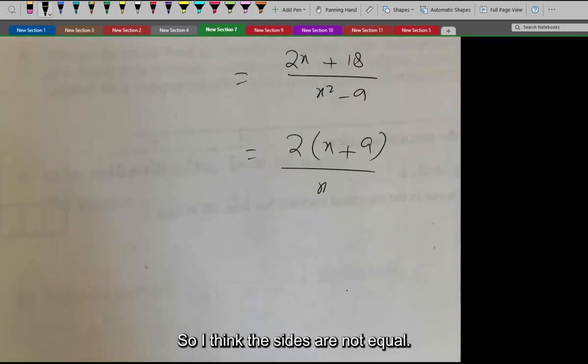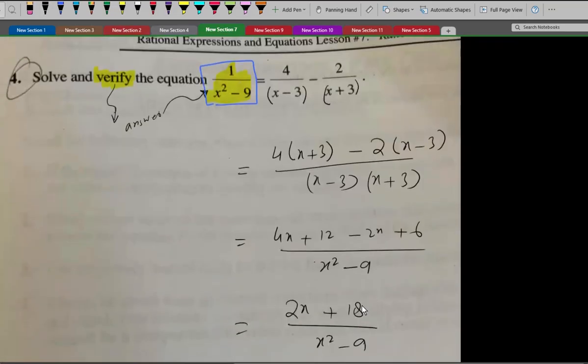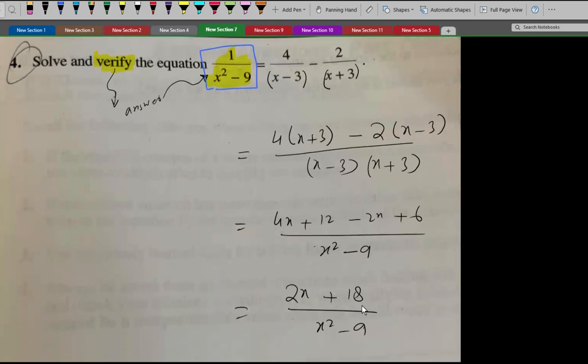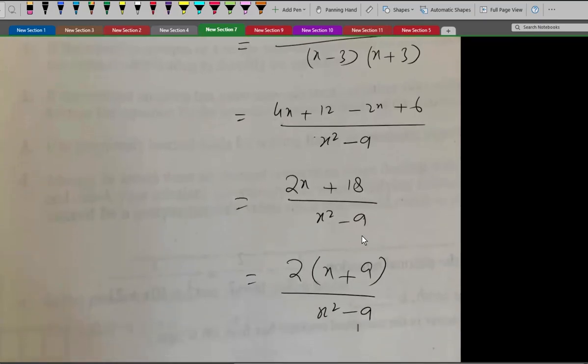So I think the sides are not equal. Plus 18.